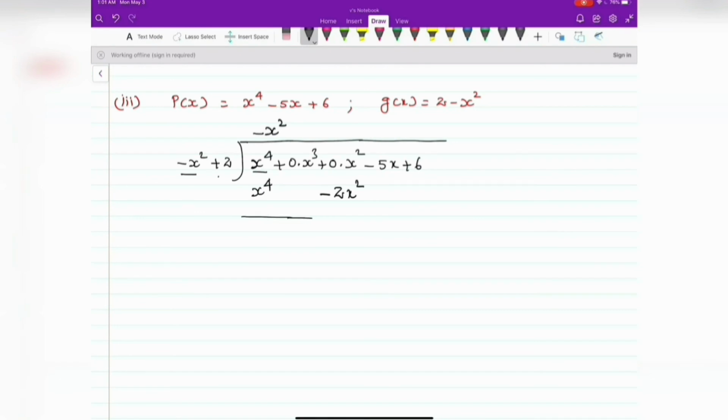You know the procedure. Now you have to subtract, the sign will change. Plus x power 4 minus x power 4 will get cancelled. That's 0x cube. Let us not bother about it now. Here I am having 2x square. Let me bring down this minus 5x.